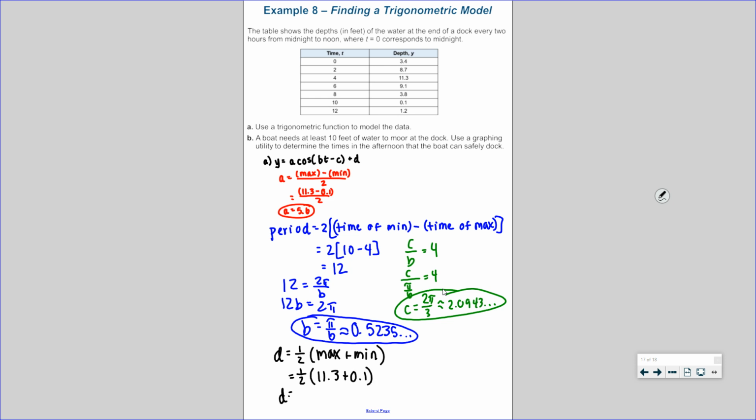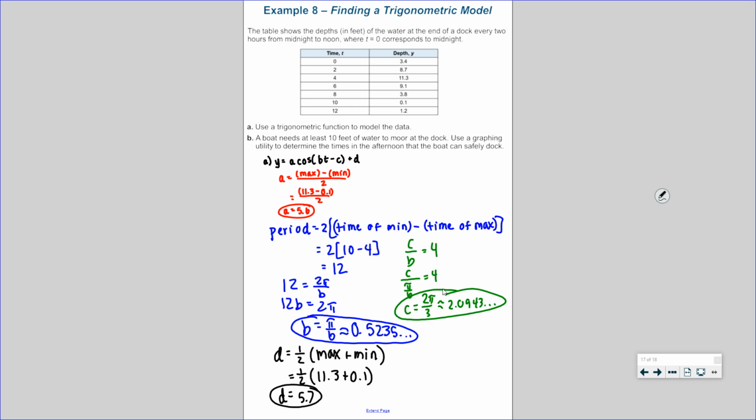So my midline actually ends up being 5.7. Because we're not starting at 0, you're basically finding the average in the middle, but the amplitude is the distance between. Does that make sense? We could have found the midline first and then found the amplitude by doing the max minus the midline. But for this one, think of it as finding the average in the middle. And just be careful because it's not right at the y-axis. It's actually at 0.1.